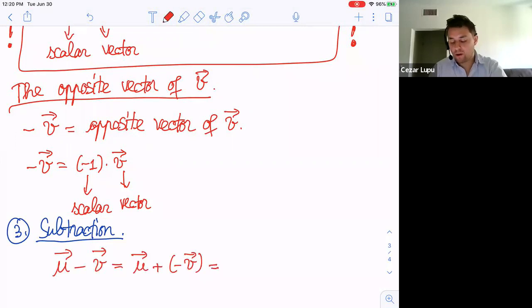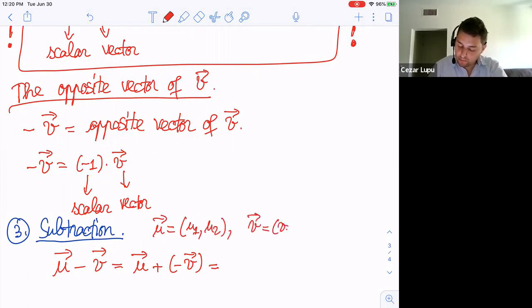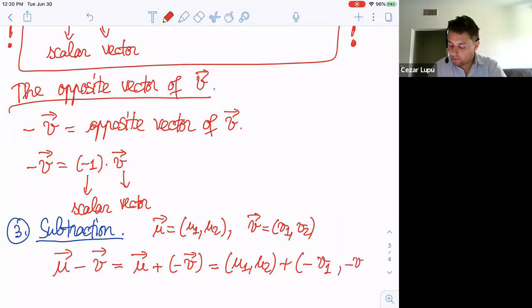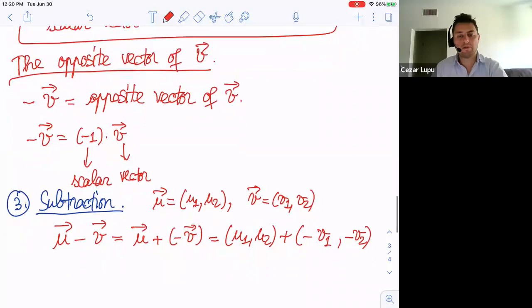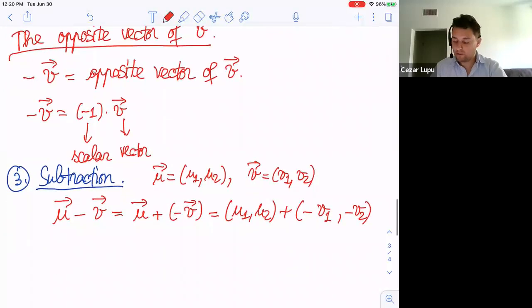And if we want to write this component-wise, let's assume that u is (u1, u2) and v is (v1, v2). So this will be nothing else than (u1, u2) plus (negative v1, negative v2), right? That's the opposite vector, negative v.